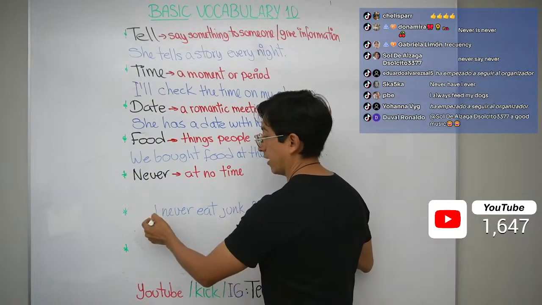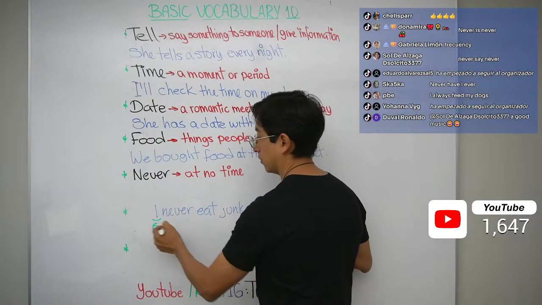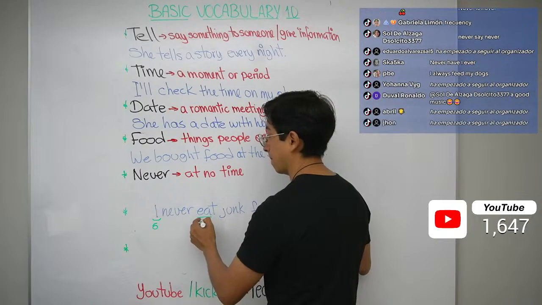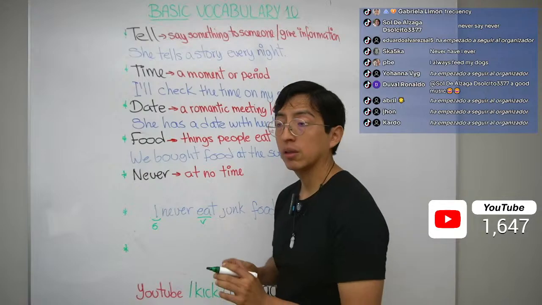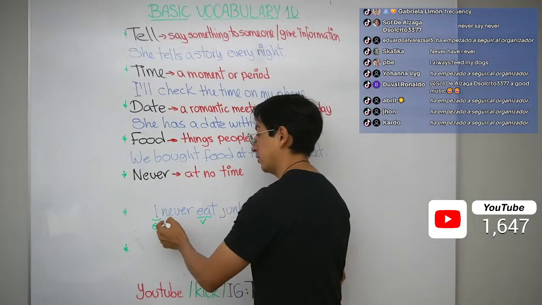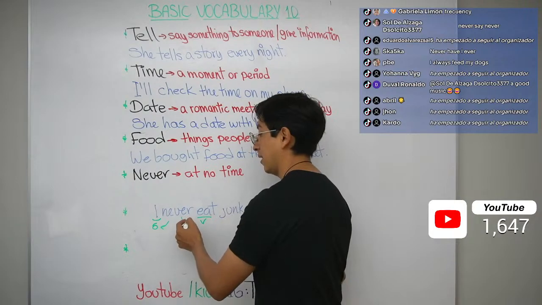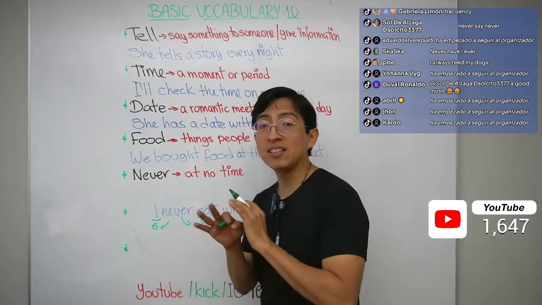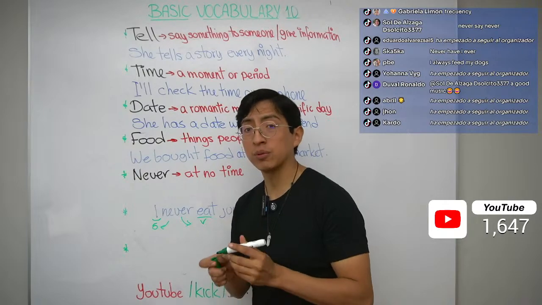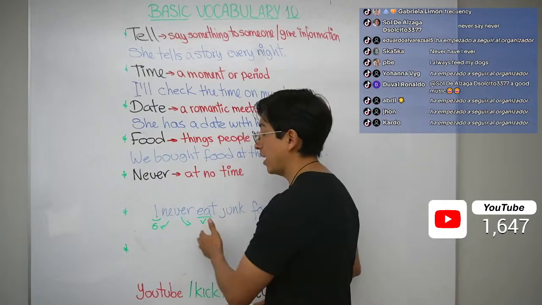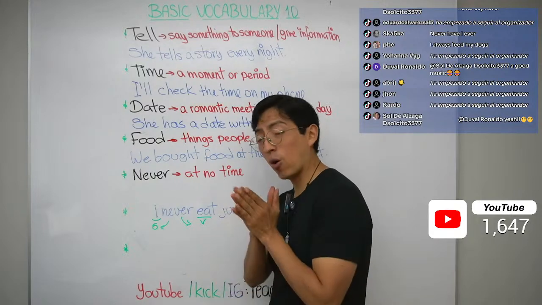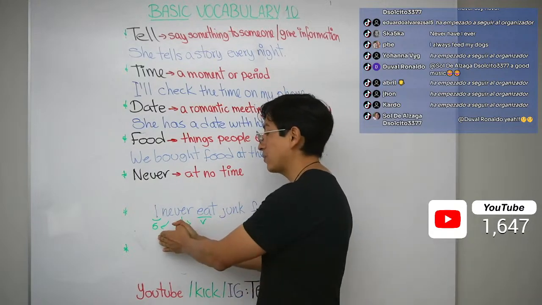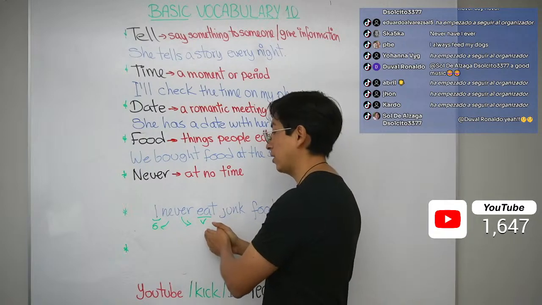Look at this. We have the subject and we have the verb. The only position of never is between the subject and the verb. That is the only position, guys. Please don't put never in a different place. It is always between the subject and the verb.